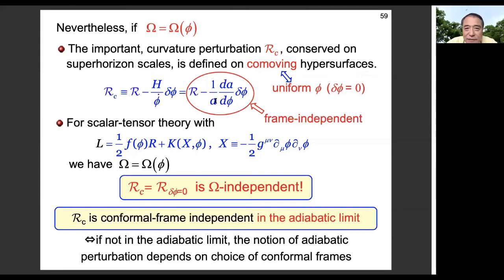That's what we used when we talked about the delta N formula. So this is essentially the coefficient of the delta N.